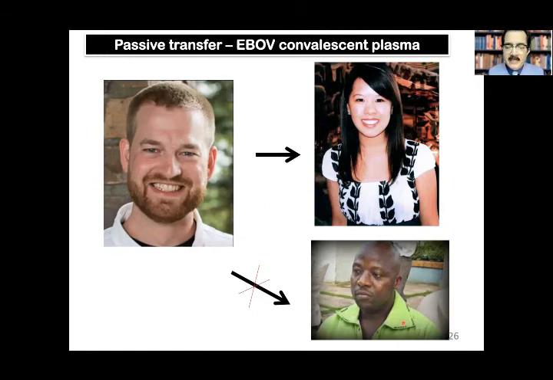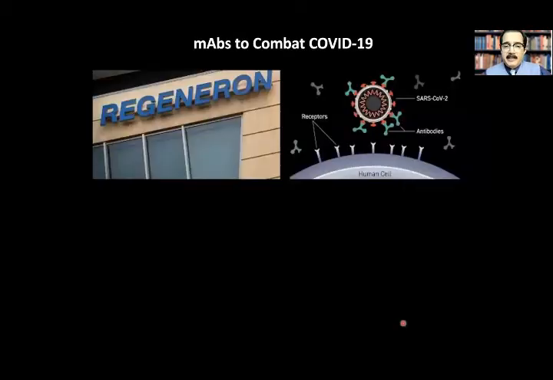So that's why now we make monoclonal antibodies, and you can give it to anybody, and it works really well. And this is in the news. Regeneron is a company in the States. They make an antibody against the SARS coronavirus, against the spike protein. And you can actually give the antibody, and the hope is that you can cure people.